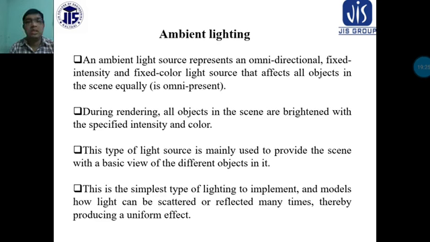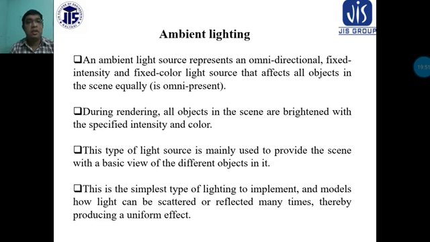The rays have fixed intensity and fixed color, come from the sun, and affect all objects in the scene equally. This is called omnipresent.